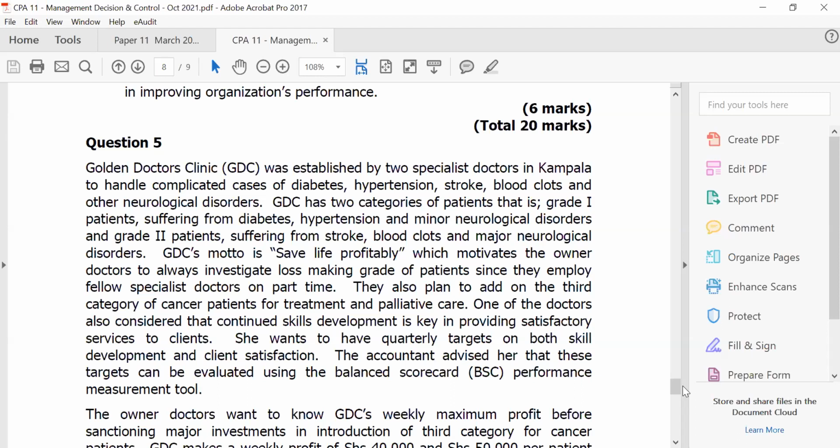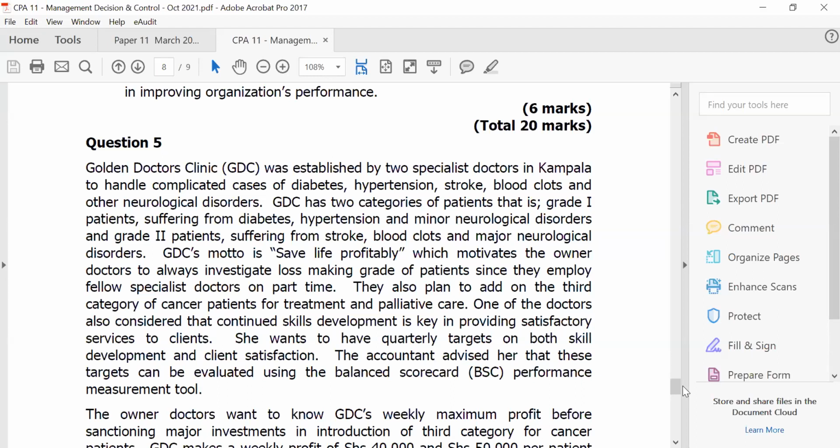So we have aspects of matrices, and then we go ahead to look at aspects of slack variables and so on.